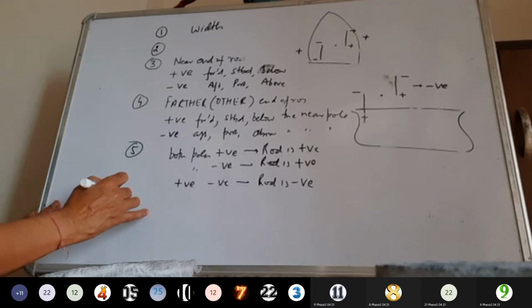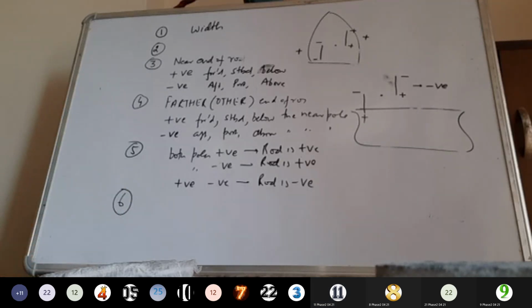And the last convention is that rods are considered to be of infinite length, in the sense that we will consider only the near pole to be effective at compass position.